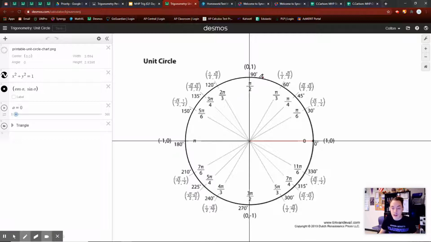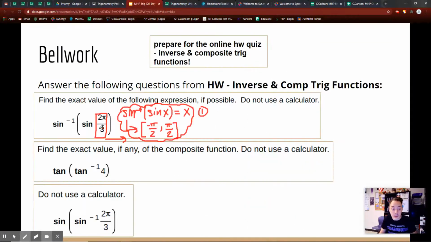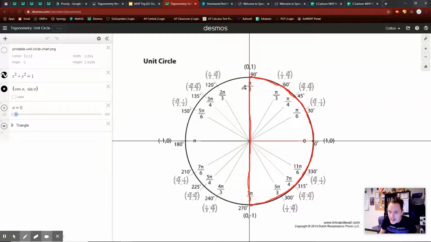Now remember, when I'm looking at sine, I really only care about the right half of the unit circle, this half. So is 2 pi over 3 in the right half? No. So that means it's not within my interval, which means I have to evaluate it.